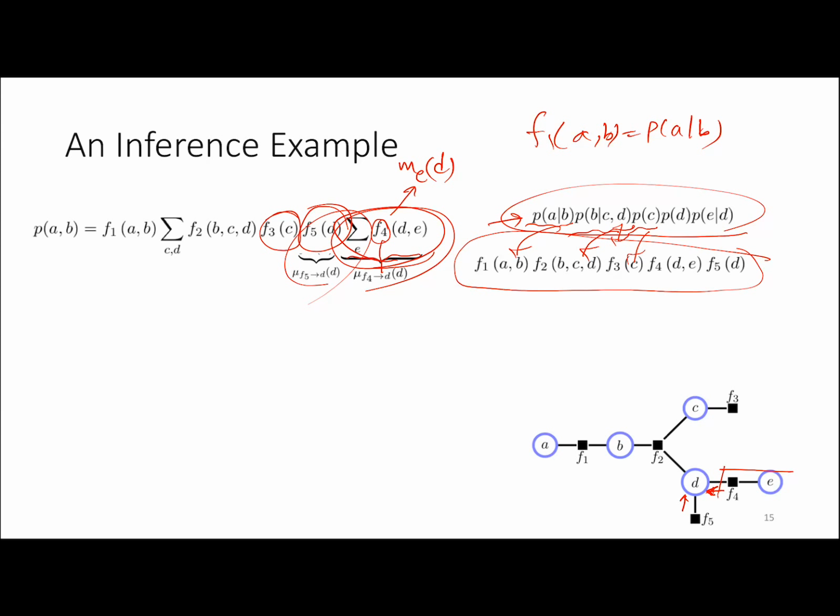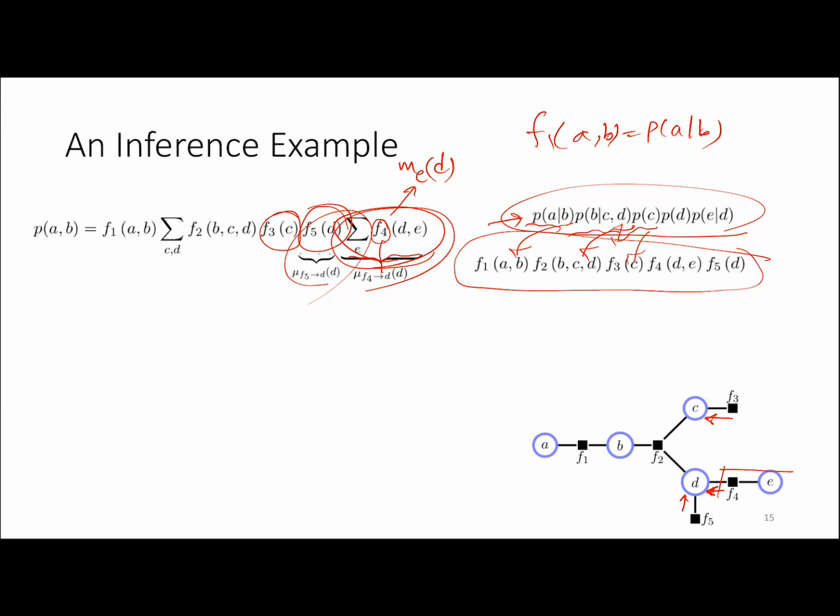Can you write it as a message from either a factor to a node or a node to a factor? It has only C in it, right? So C should be receiving it. And there is one factor involved, which is F3. So it should be a message from this one to this one, right?